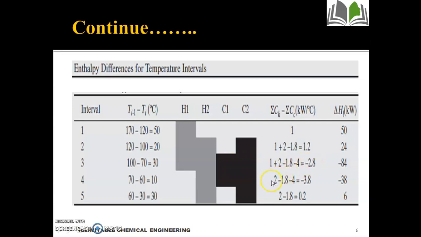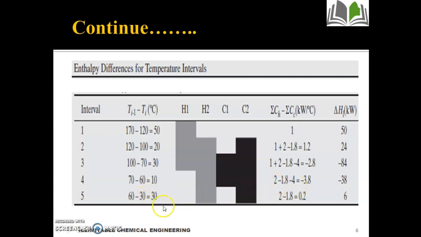And in the fourth interval, 70 to 60 degrees Celsius, which streams are present? C1 is present, C2 is present, and the H2 stream is present. H1 is not present here. So we'll write the three streams' specific heats and calculate accordingly.